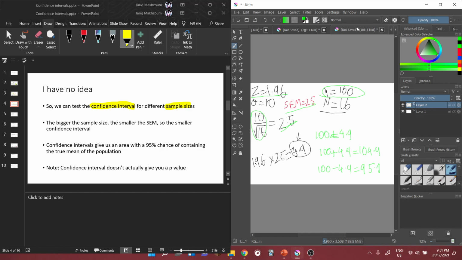Right, now what you'll notice is that as you increase the sample size, because the standard error of the mean gets smaller, remember when we find the standard error of the mean, we divide by the square root of the sample size. So as this number, which is the sample size, gets bigger, the standard error of the mean gets smaller. Okay? And so our confidence interval gets smaller as well.